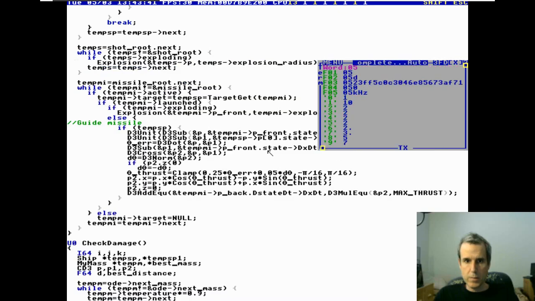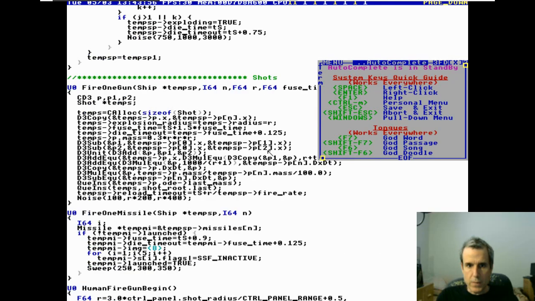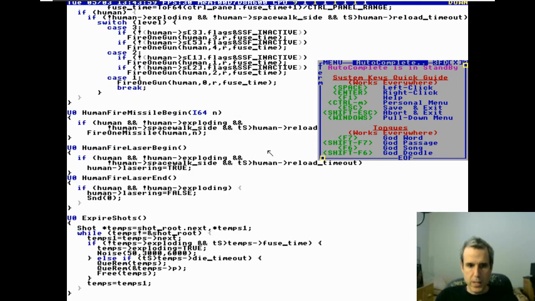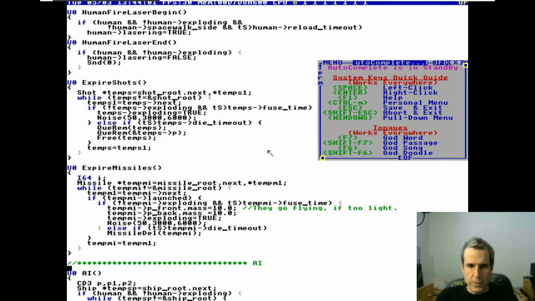Okay, so if it gets within a certain distance, we explode. Spire shot, missile.